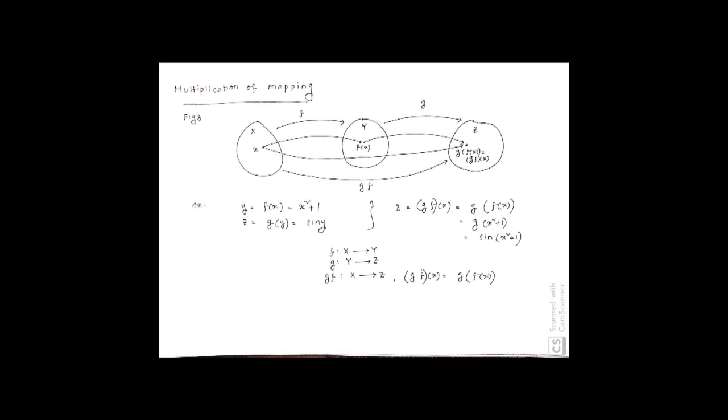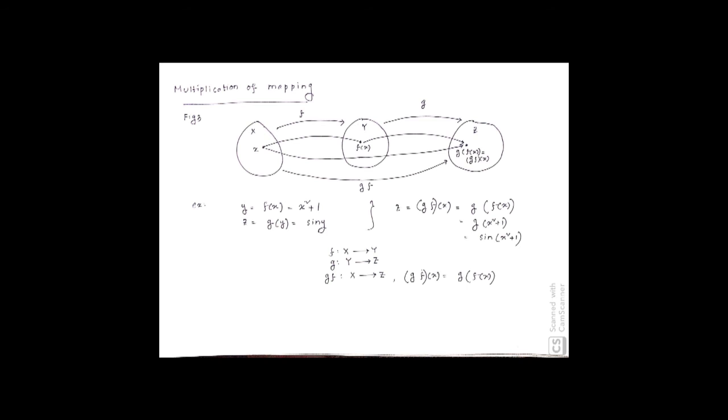So in other words, an element small x in capital X is taken by f to the element f of x in Y, then g maps this f of x to g of f of x in Z.